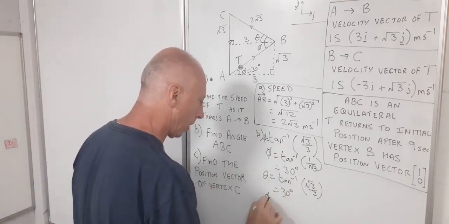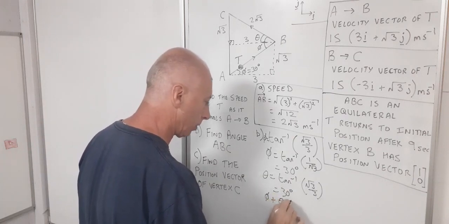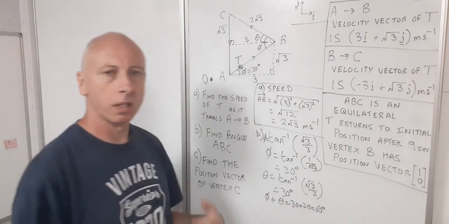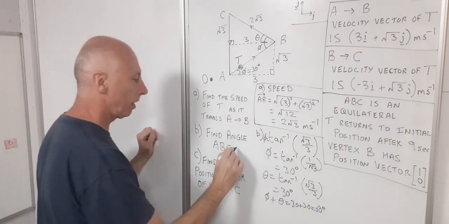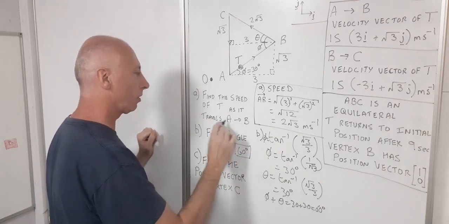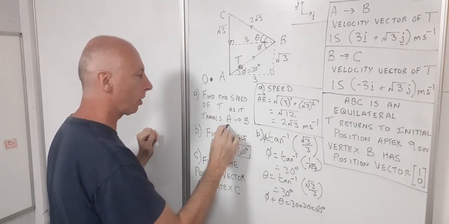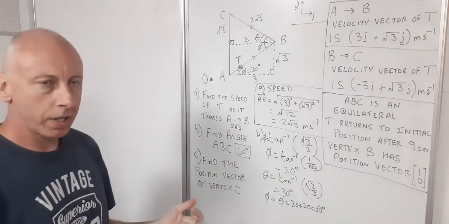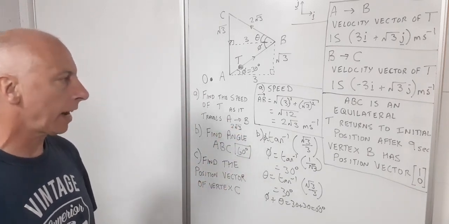So therefore phi plus theta equals 30 plus 30, which equals 60 degrees. Hence we've shown that this angle here is 60 degrees, and this speed of travel as it goes from A to B is 2 root 3. So that's the first parts of the question taken care of.